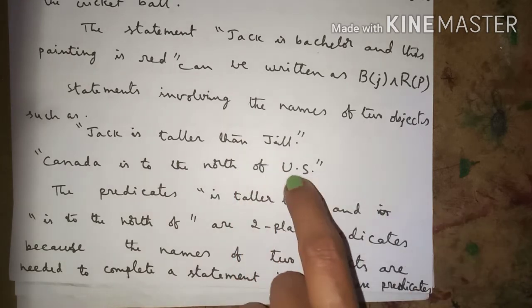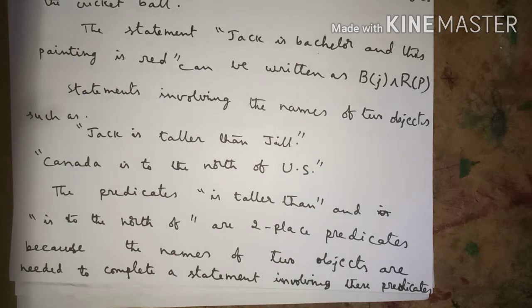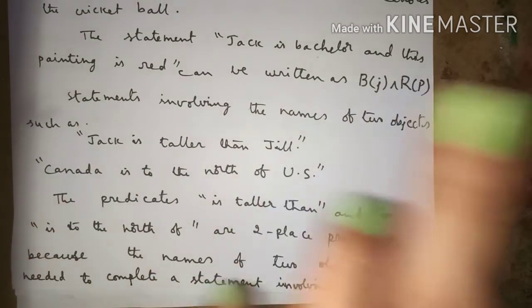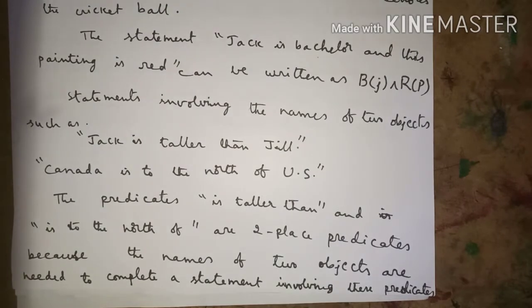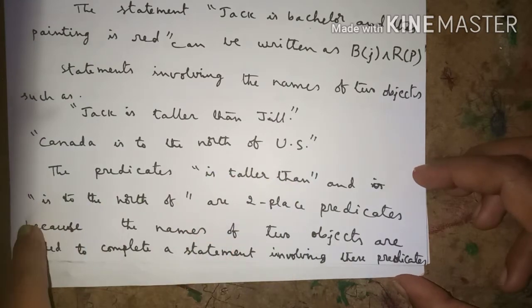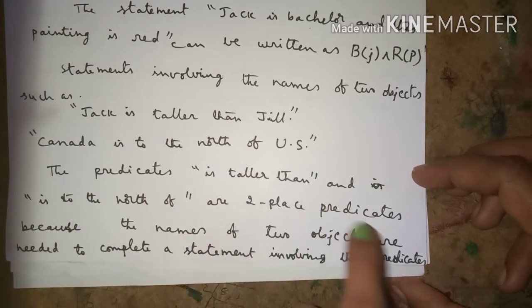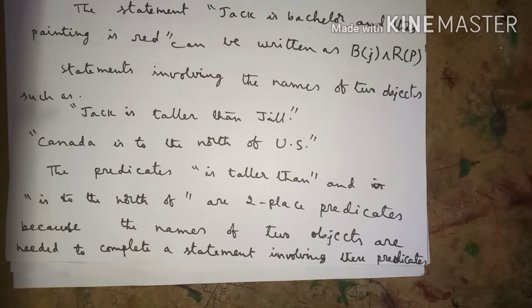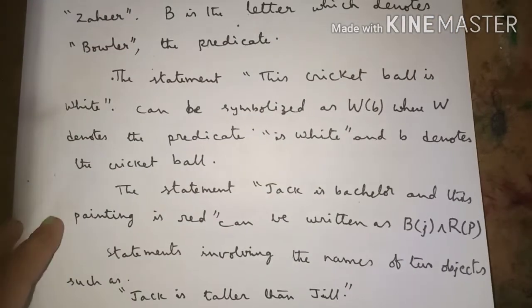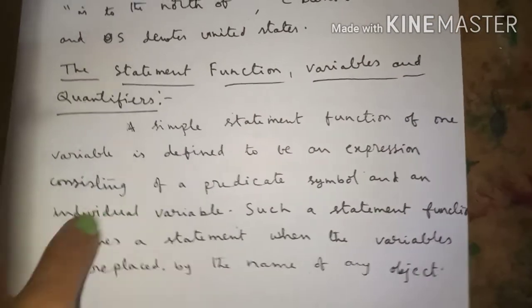Two names we have got, Jack and Jill, Canada and US. The predicates is taller than and is north of are two-place predicates, because the names of two objects are needed to complete the statement involving these predicates. How to denote such predicates, I will tell you.